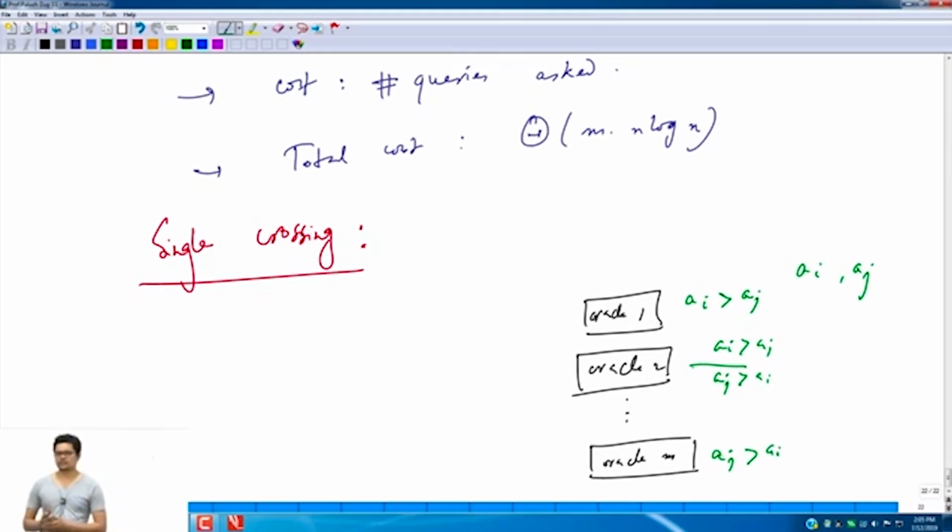And it turns out that many of our real life applications actually have this sort of assumption. Let's look at an example where we want to decide whether Indian Railways should be subsidized or not.